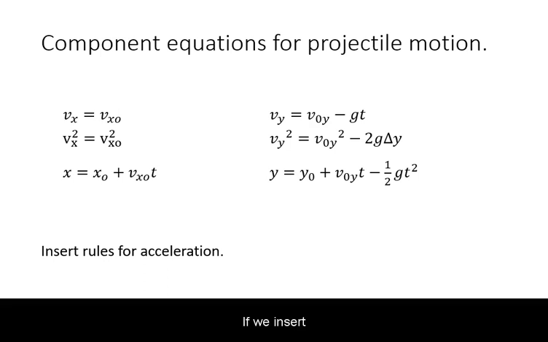If we insert zero horizontal acceleration, then we see that the horizontal component of velocity will be constant. Hence, the equation governing horizontal displacement is simplified.